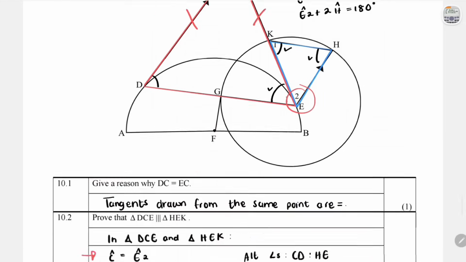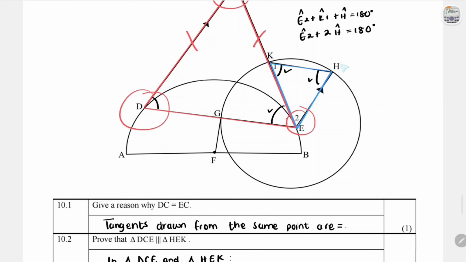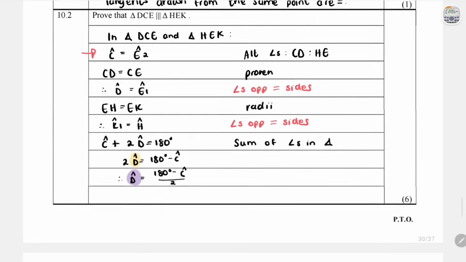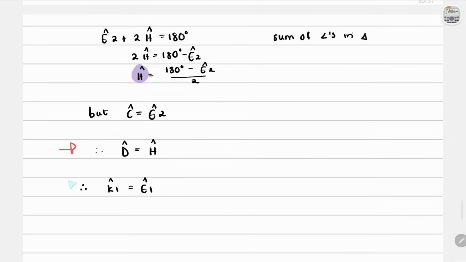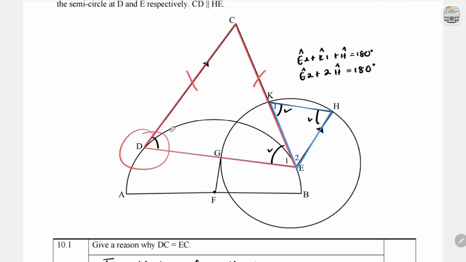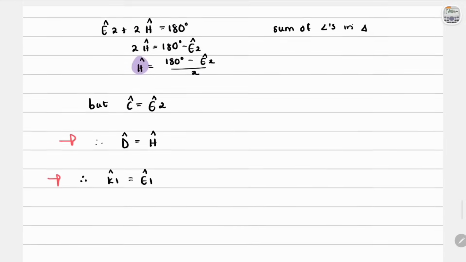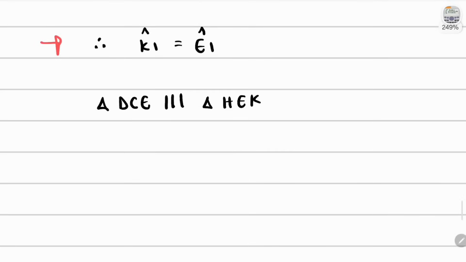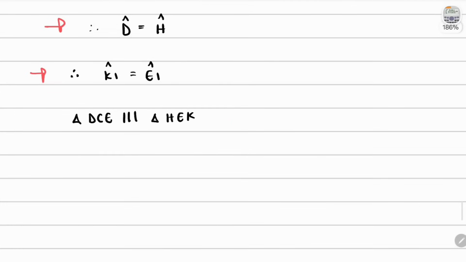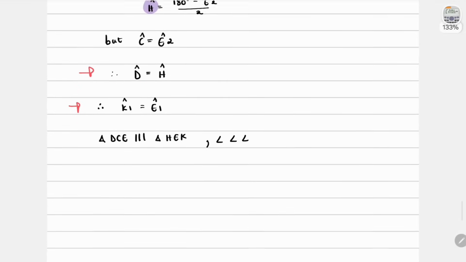We have shown that angle D is equal to angle H, and we have shown the last two angles in those triangles. And there we go. Because of those, these triangles are similar and we can finally conclude this. So therefore, triangle DCE is similar to triangle HEK because of angle, angle, angle. And that is our answer.